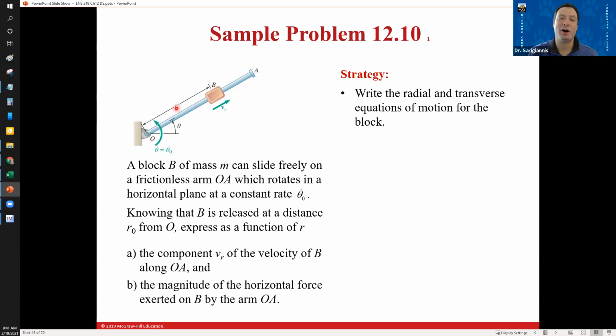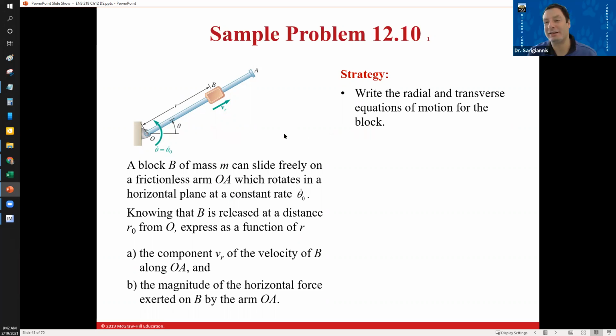Expressed as a function of R, find the component V_R of the velocity of B along this arm OA, and then the magnitude of the horizontal force exerted on B by the arm OA. So there is a horizontal force exerted on B by the arm.